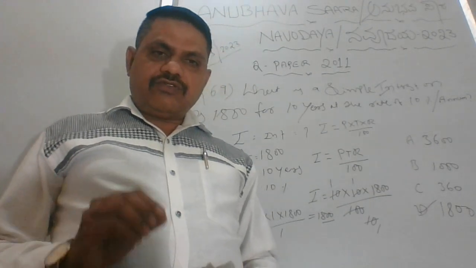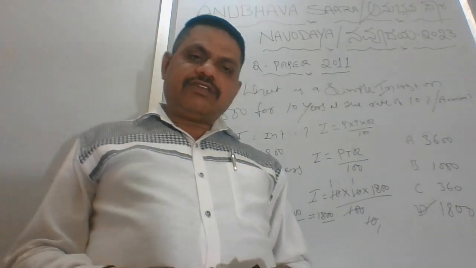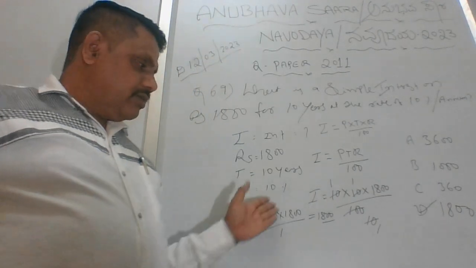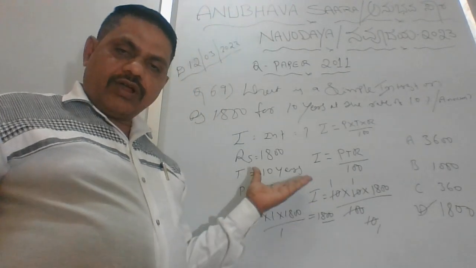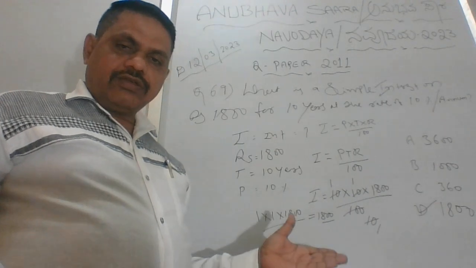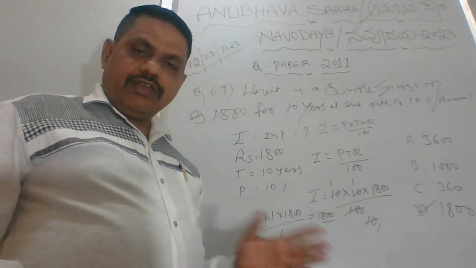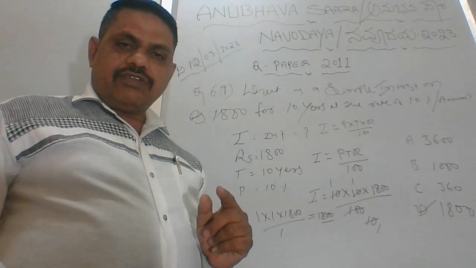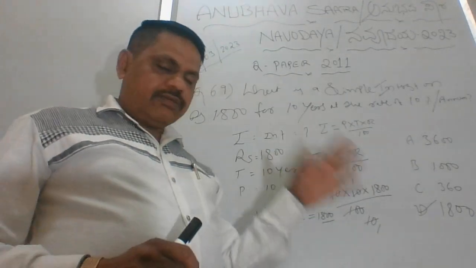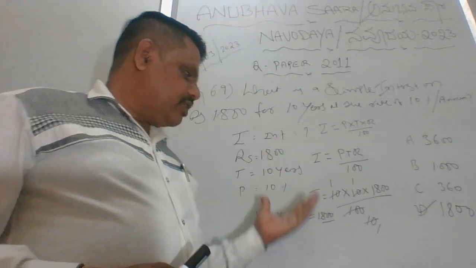It's clear. So this is how we have to understand it, and you have to make it clear to yourself what exactly you are doing. Then you won't miss even 1 mark in the examination. At the time of the examination, you need not write all this.